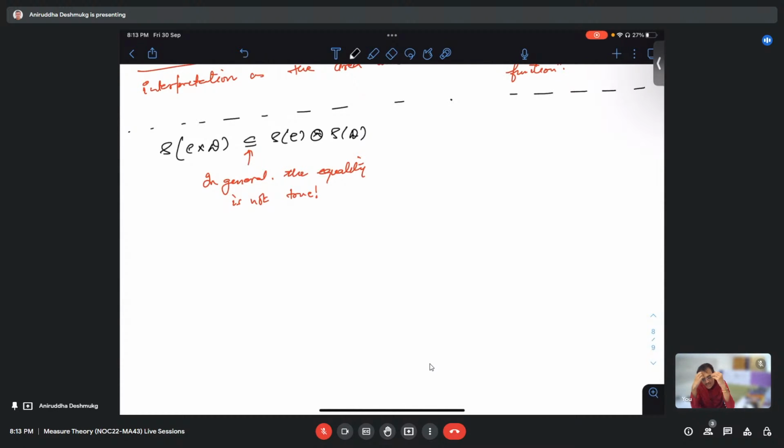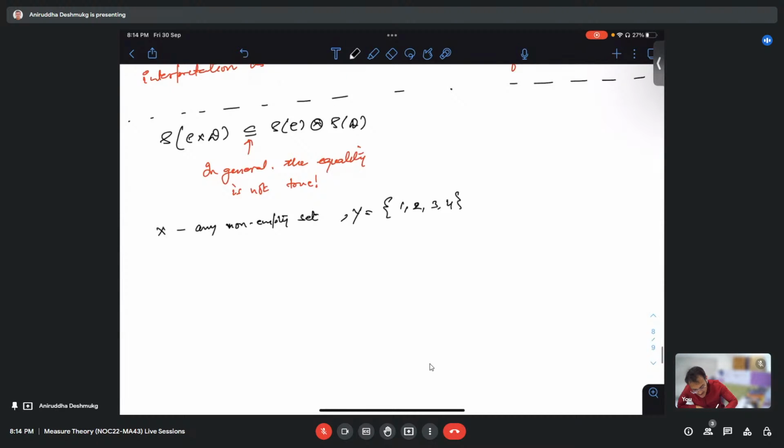To visualize this, to get a counterexample that the equality may not be true, let us look at this set. X is again any non-empty set. In the lecture we have considered 1, 2, 3, 4, but one may consider other sets, for example 1, 2, 3, or just 1, 2, or anything else.